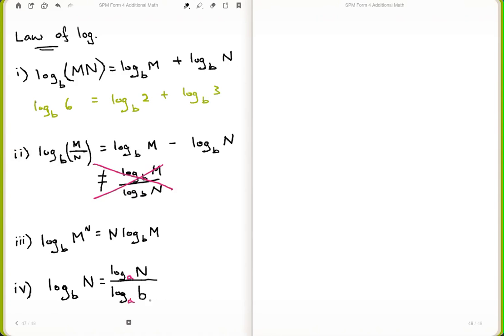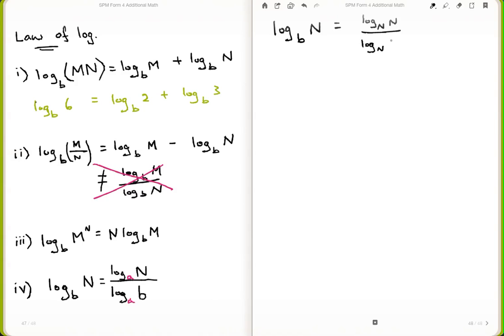Now if you want to change the base to the same number n, say I have log b n, and I want my base number to be n, so it will be log n n over log n b. So log n n will be 1 over log n b.